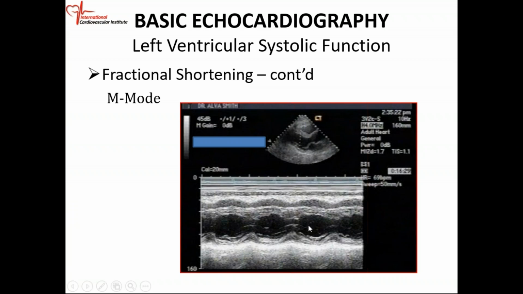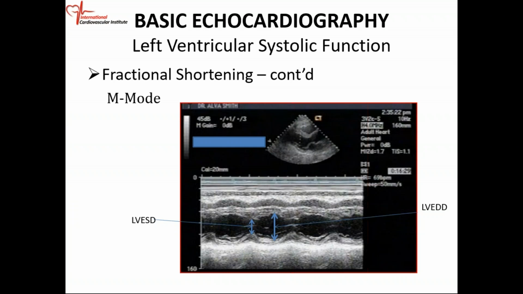Where they're closest together, that is your left ventricular end systolic dimension. So if you measure this, okay, this is your left ventricular end systolic dimension, and this is your left ventricular end diastolic dimension, where it separates the most, okay?